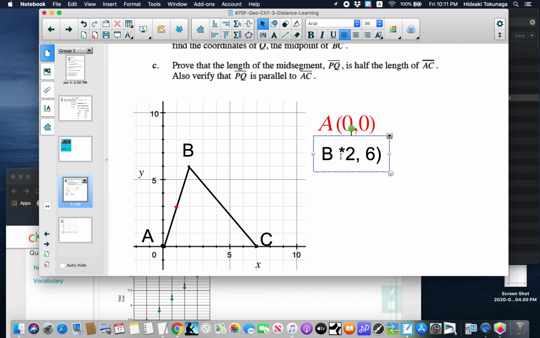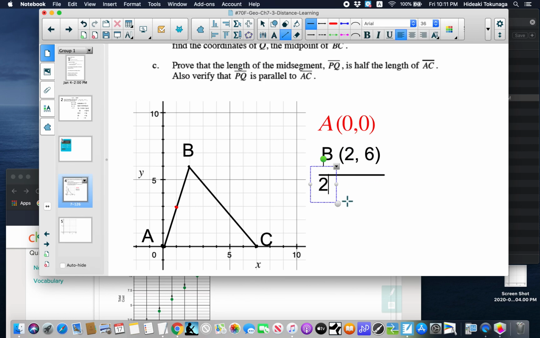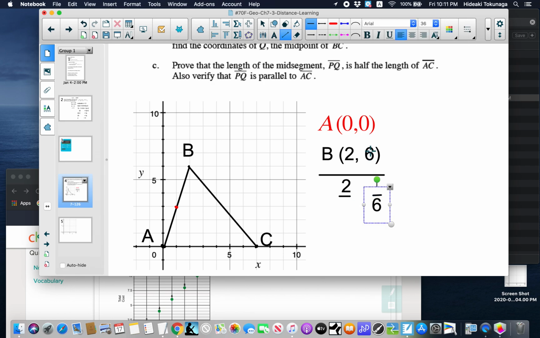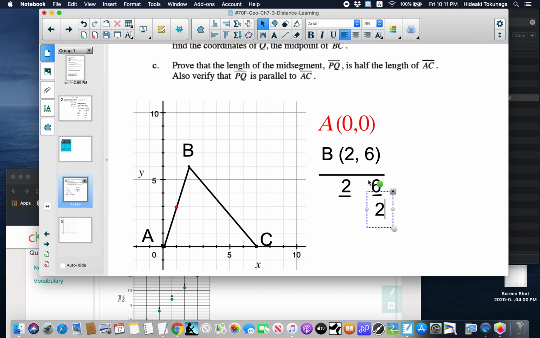All you have to do is, I usually make a line here and add those two numbers. 0 plus 2 is 2, and divide by 2. Same thing here, 0 plus 6 is 6, divide by 2. That should be the midpoint.